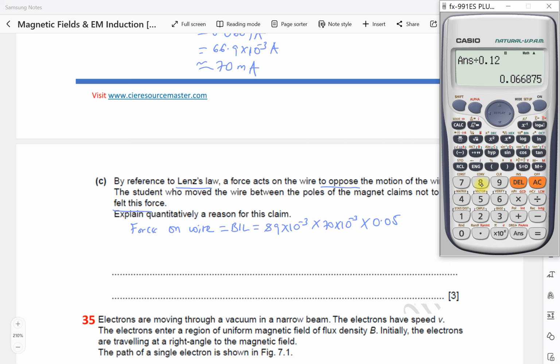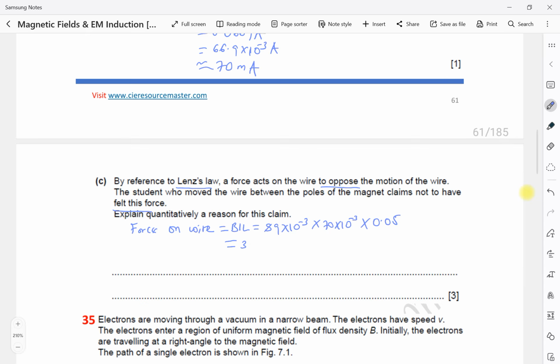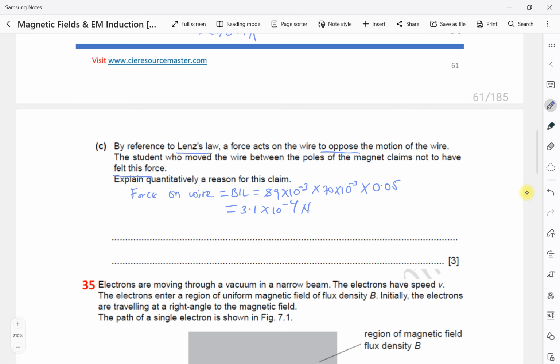So from my calculator, I have 89 exponent minus 3 times 70 exponent minus 3 times 0.05. So the force here is 3.1 times 10 to the power of minus 4 newtons. This force is too small to be felt.